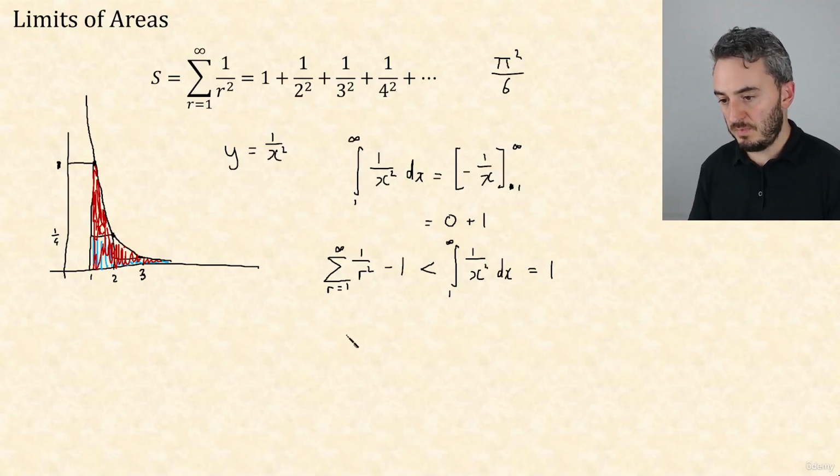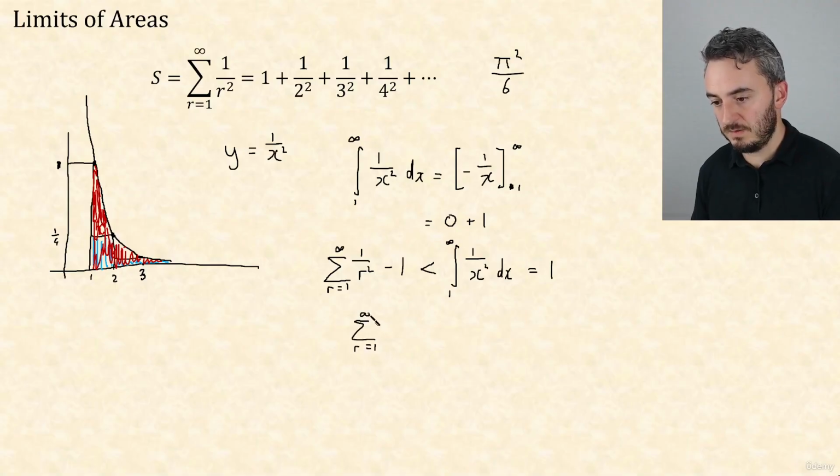So adding 1 to both sides, I've just proved that the sum from 1 to infinity of the reciprocals of the squares must be less than 2.